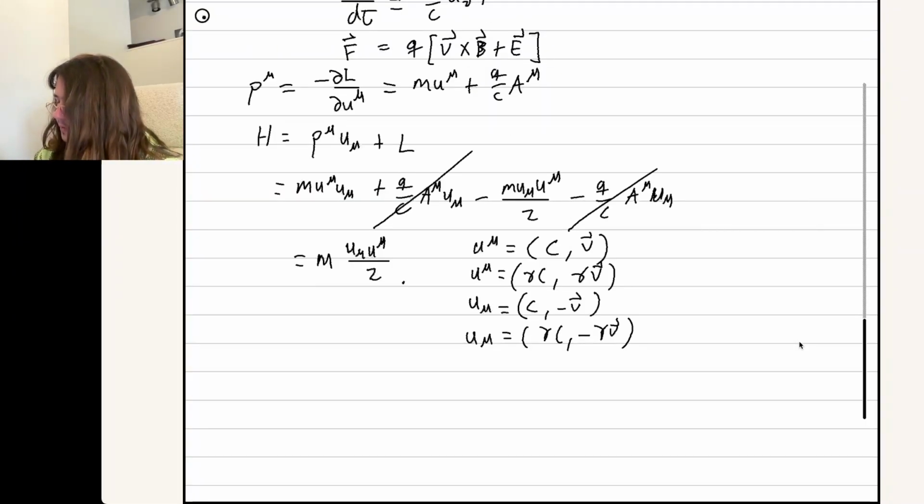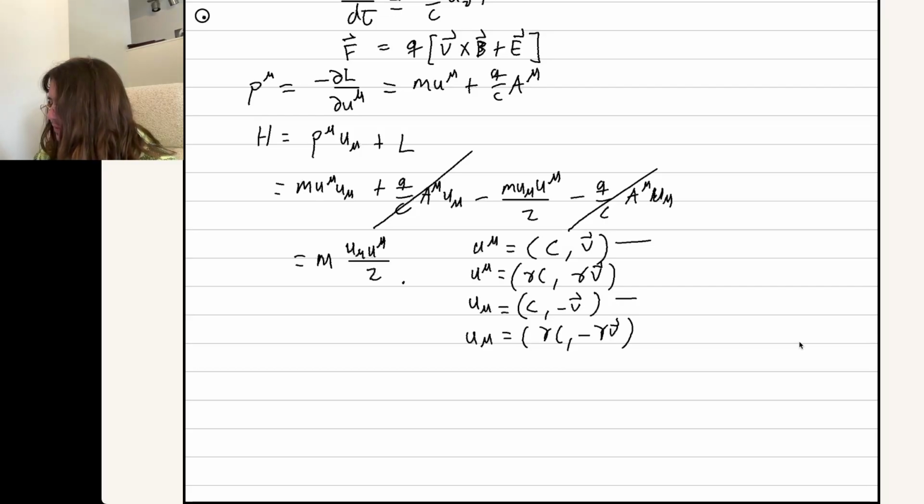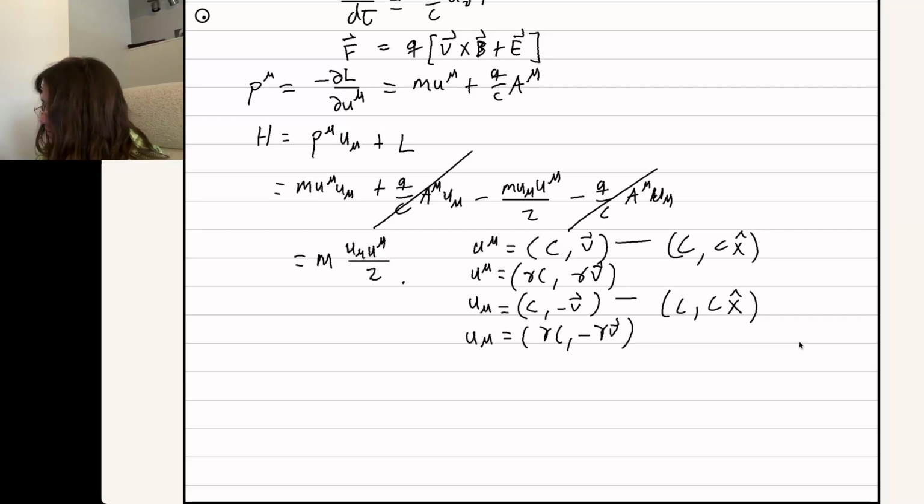But if we're in a rest frame, we're just going to use these, and let's set v to just c, so we'll have c times whatever unit vector you want, just moving in a direction, I guess.